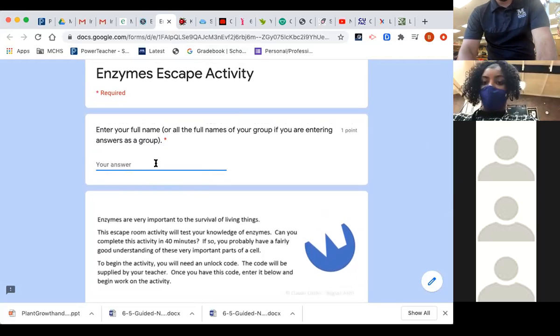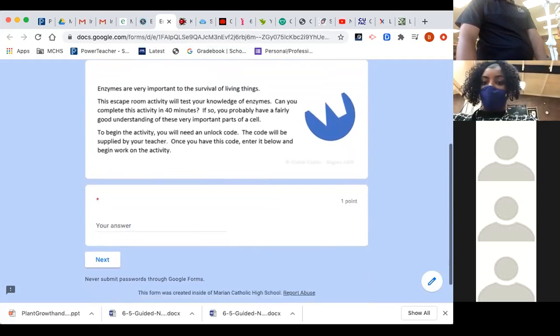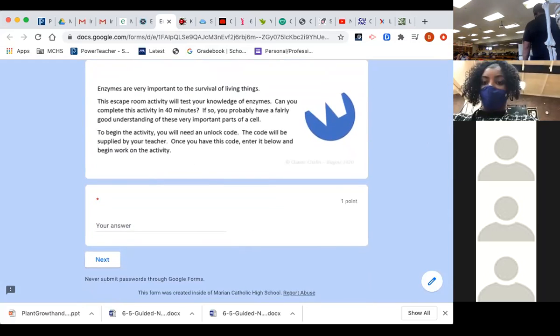So I'll type my name in. Take 30 seconds and just read through that little paragraph there. Enzymes are very important to the survival of living things. Just read that quickly. Anyone having issues?